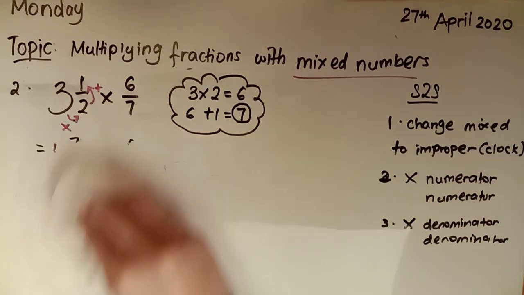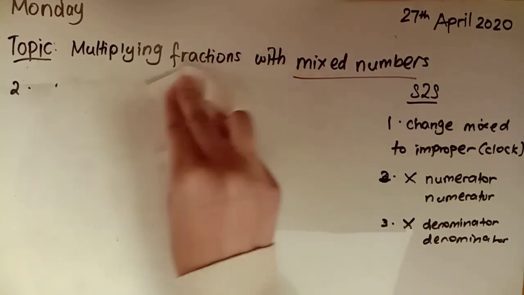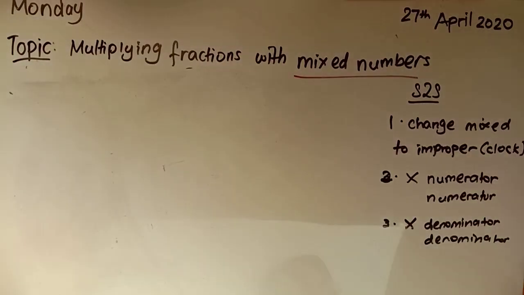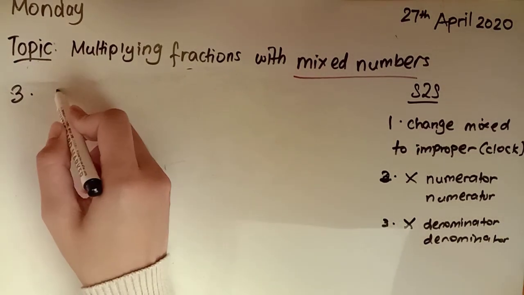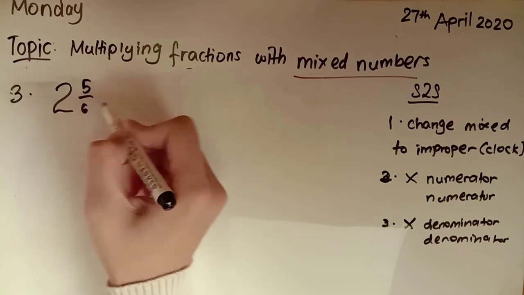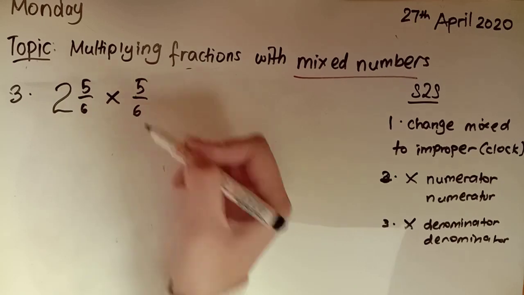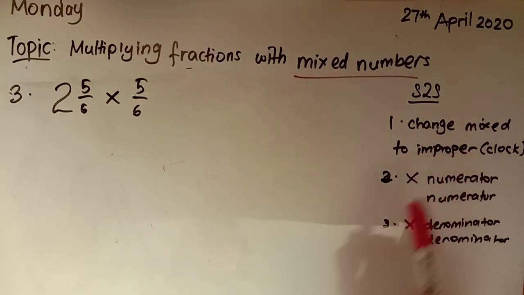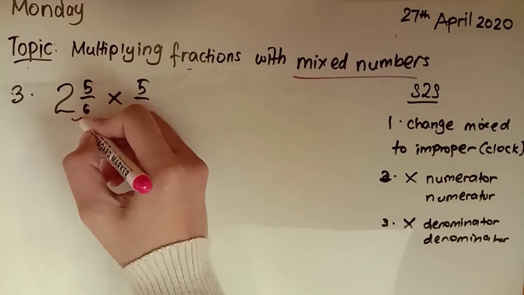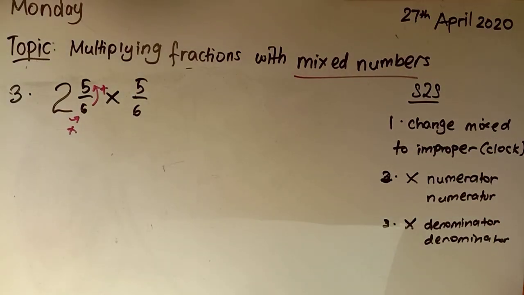Alright, last one for today. Example 3. So we have 2 whole 5 over 6 times 5 over 6. Step 1. Change mix to improper. So times and then you plus. Working sebelah sini.